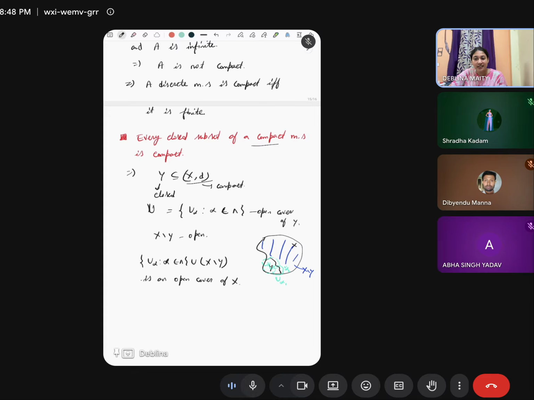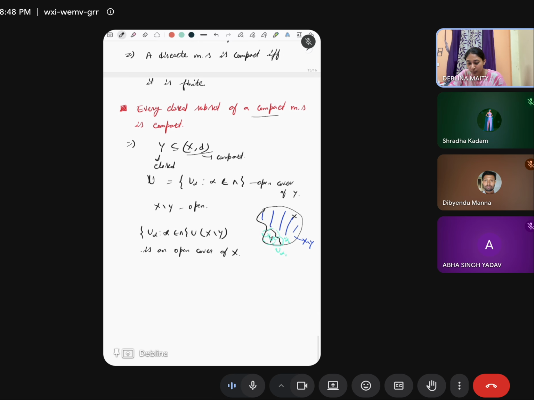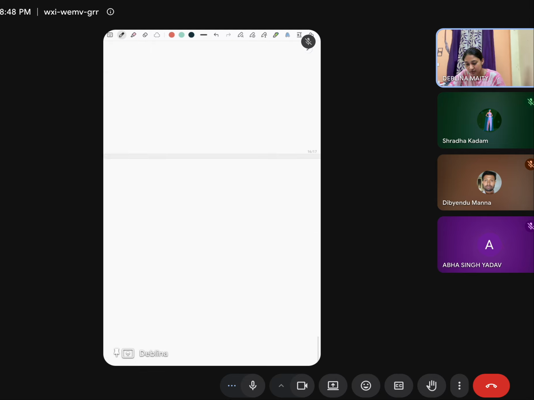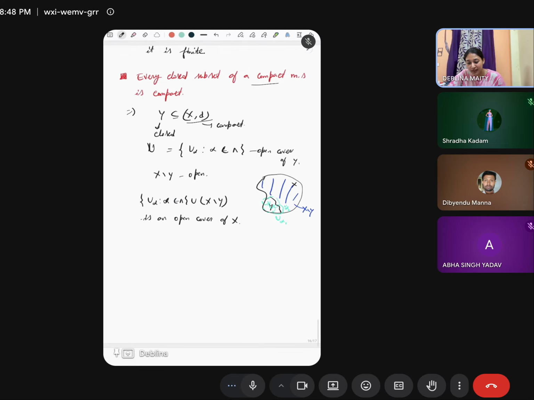So this open cover has a finite subcover, and from that finite subcover you will find a finite subcover of Y. So Y will also be compact. You get it, this proof? So just write down the proof properly. Every closed set of a compact metric space is compact.